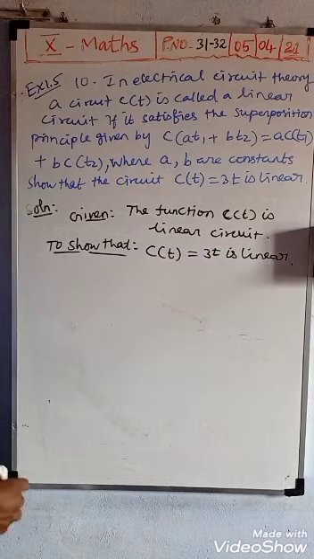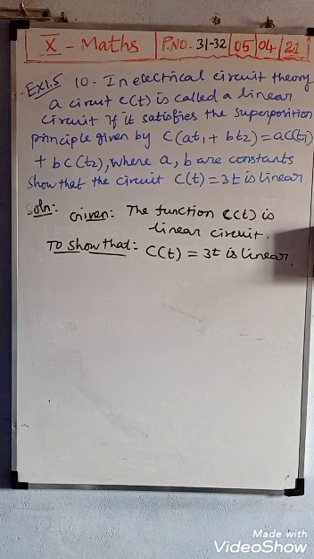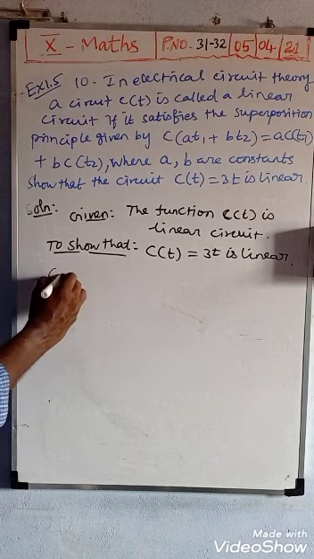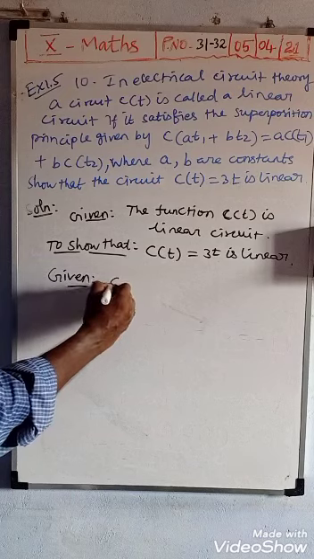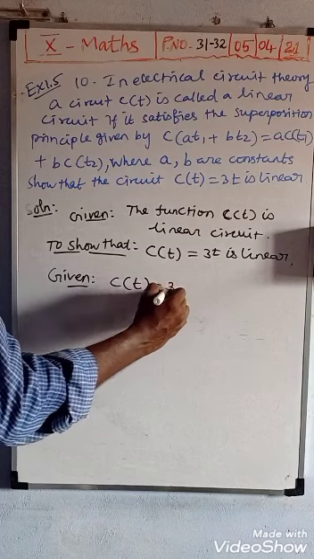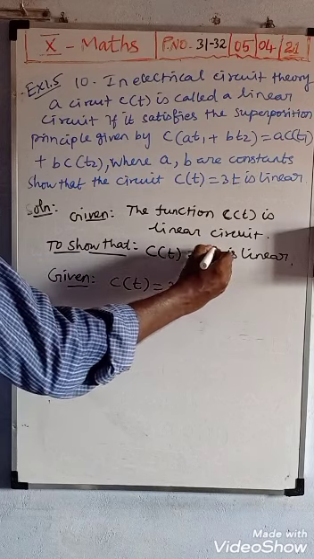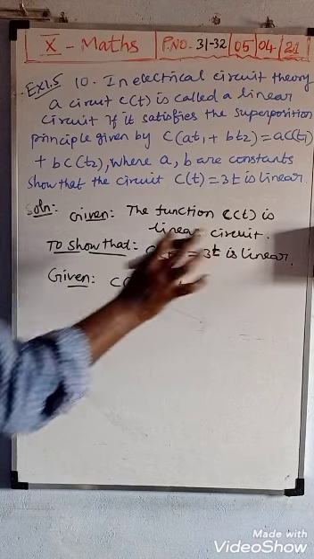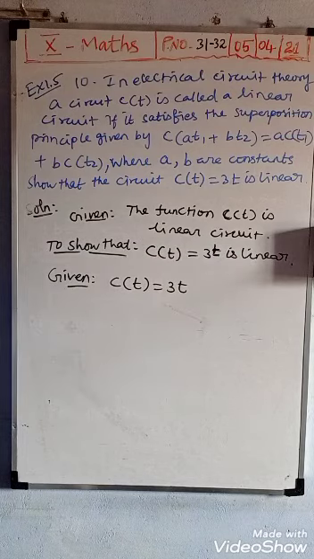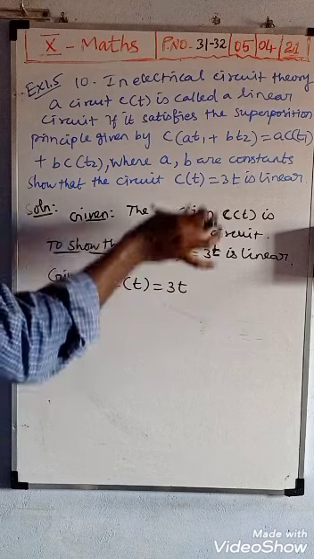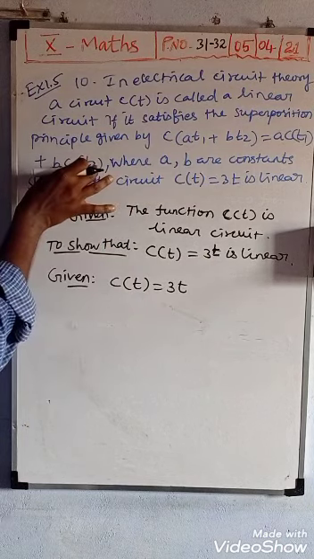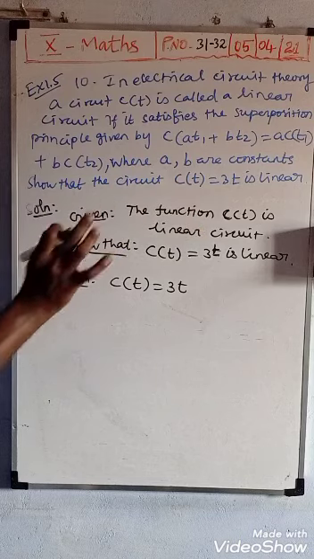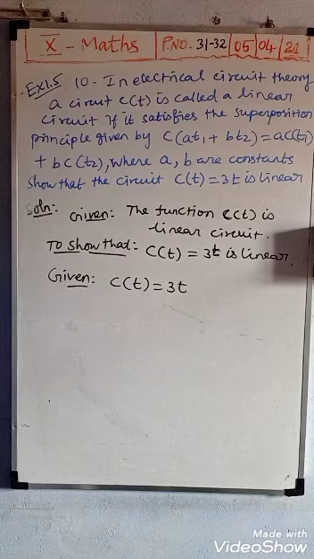The function is linear, we want to show that. For that, it is given, we want to choose, it is a linear circuit, means we will choose C of T is equal to 3T. This itself we will check whether it is linear or not. Now C of T is equal to 3T. So using this result we will bring the superposition, means this result we will bring, to show C of T is linear only. Okay, so like that we will prove.